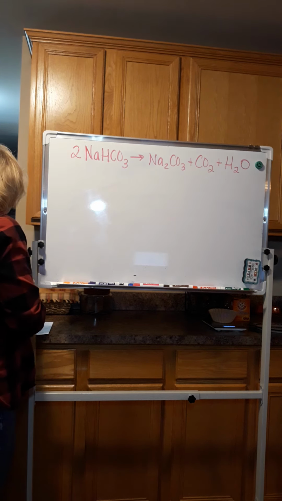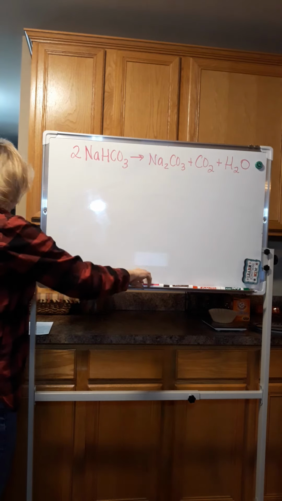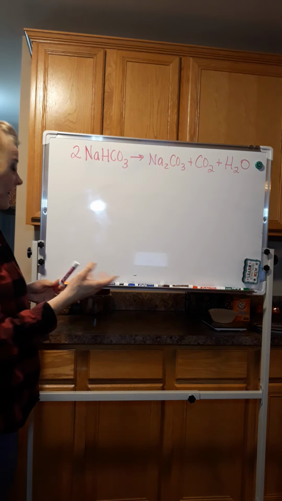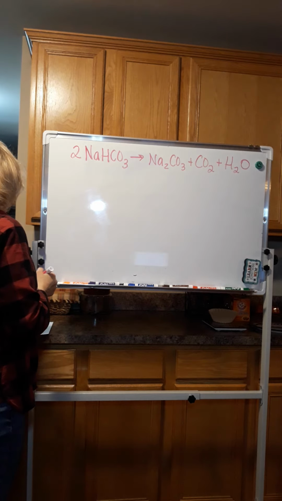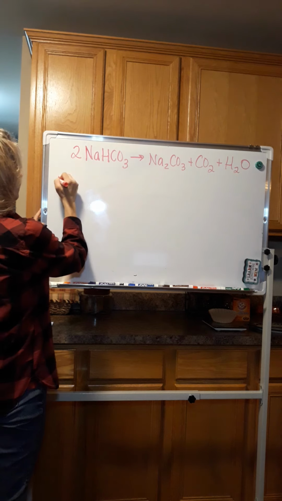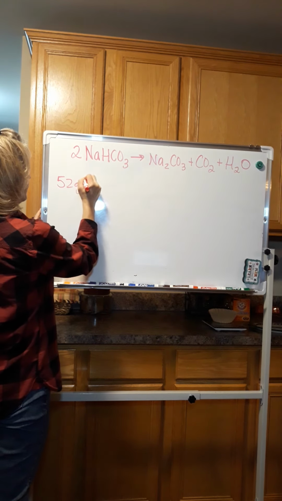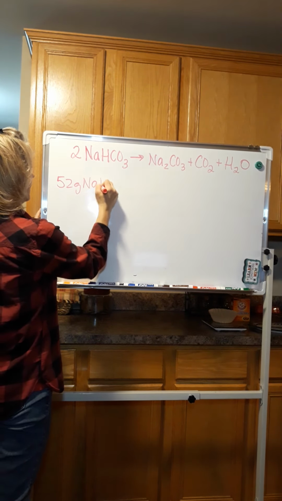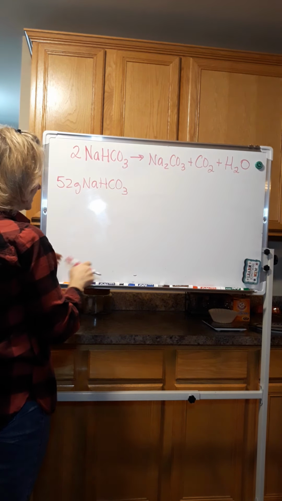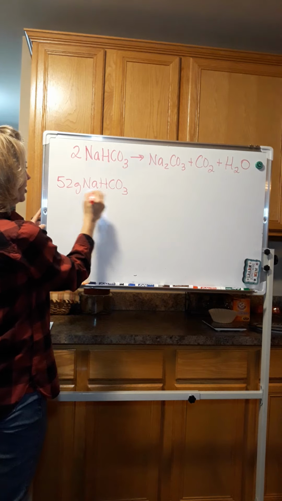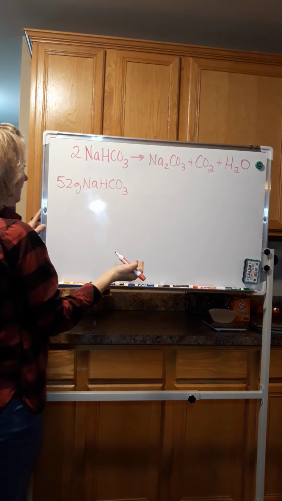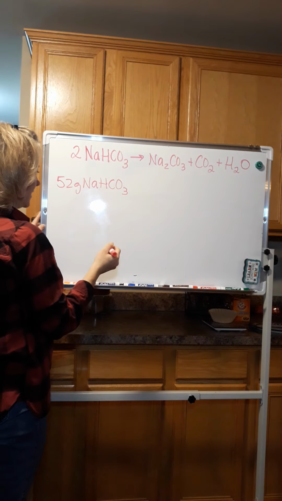All right, so I don't have that much baking soda. I've only got 52 grams of sodium bicarbonate. So what I want to do is figure out how much sodium carbonate I can produce with just 52 grams of this.